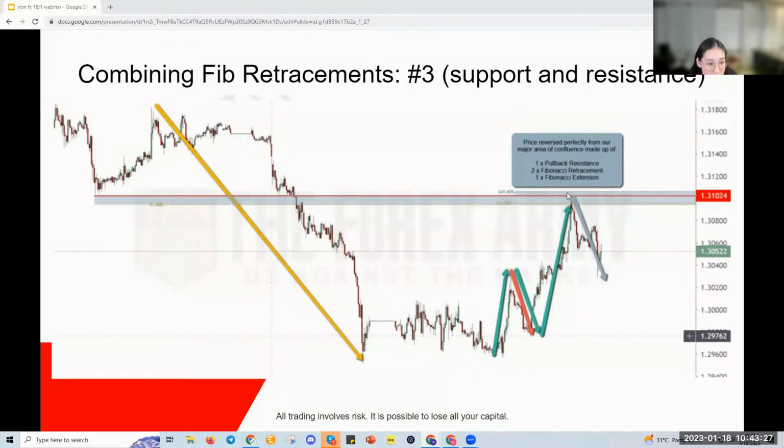And it reversed right as it hit the confluence area. So because this area is so strong, and you can tell based off of the Fibonacci retracements lining up, as well as the pullback resistance, any support and resistance levels that line up with the Fibonacci retracements should give you a very high probability reversal zone.